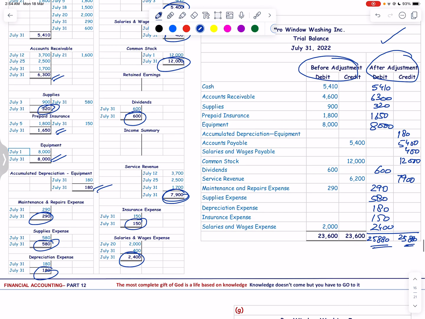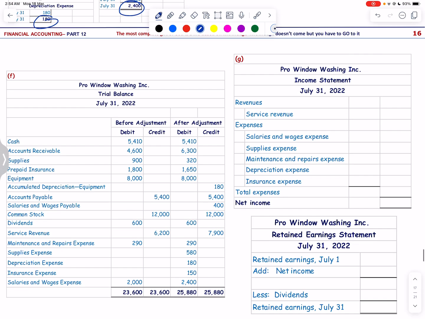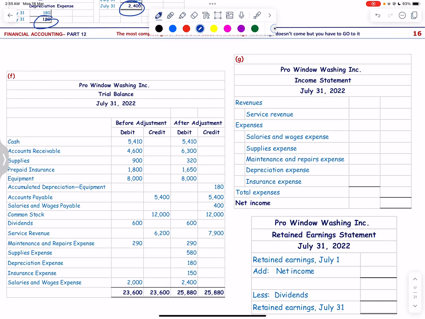Now the service revenue that we can see over here is 7,900. Then we have all the expenses. Salaries and wages expense is 2,400. Then we have supplies expense 580.